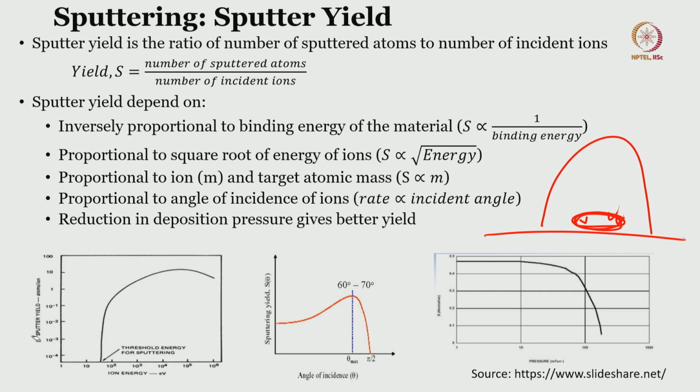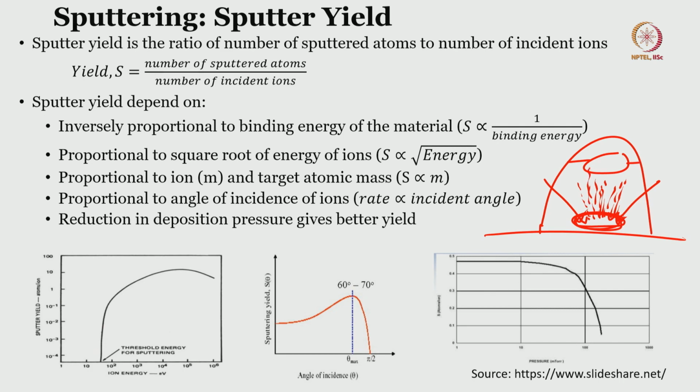So, when this happens, when the ions are incident onto the source or target, the atoms will be dislodged and will move towards the substrate. And where is our substrate? Substrate is here, like any other PVD technique.